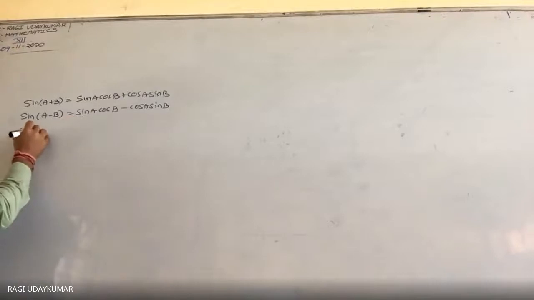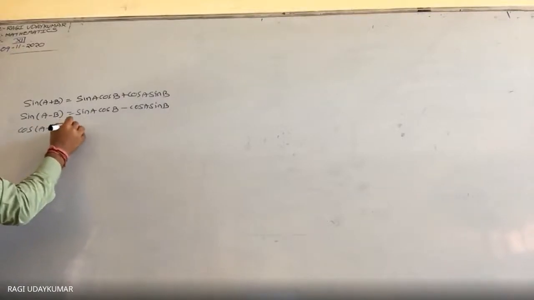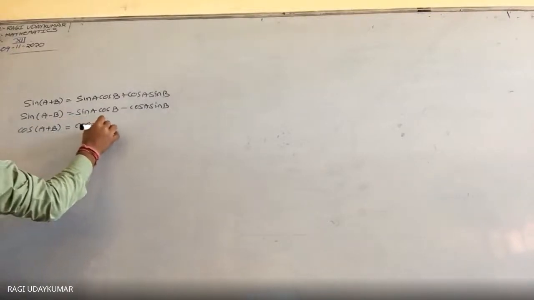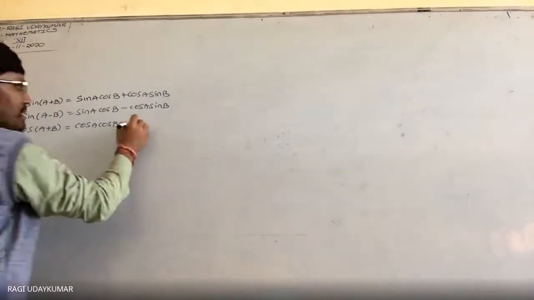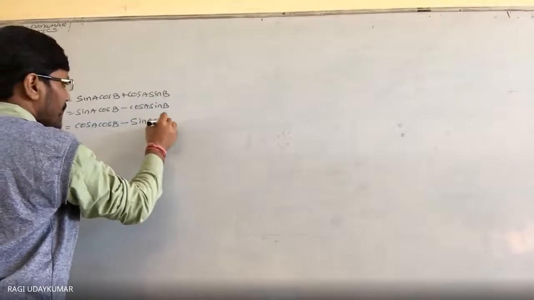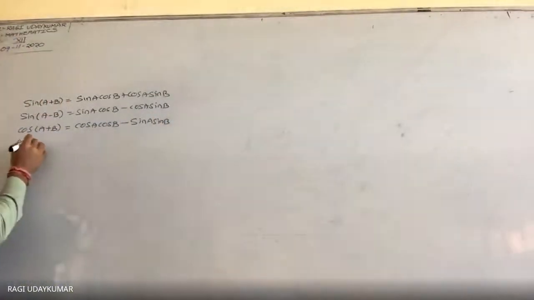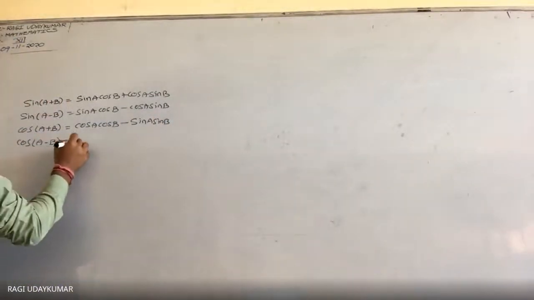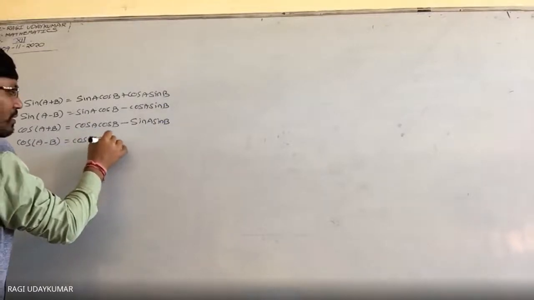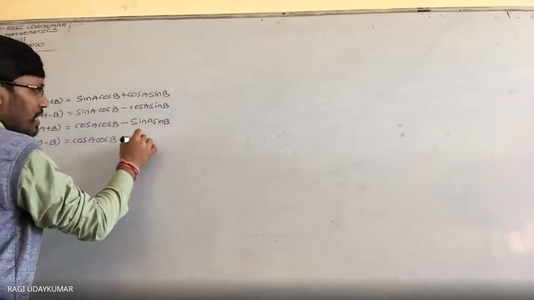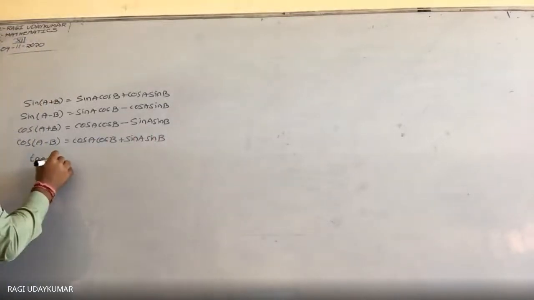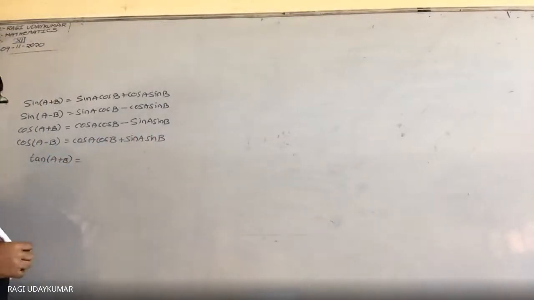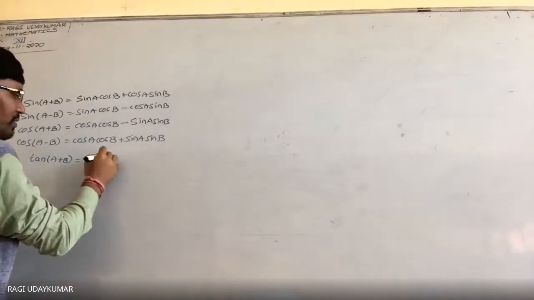Next, cos A plus B is equal to cos A cos B minus sin A sin B. Cos A minus B is equal to cos A cos B plus sin A sin B. Tan A plus B is equal to, do you remember?